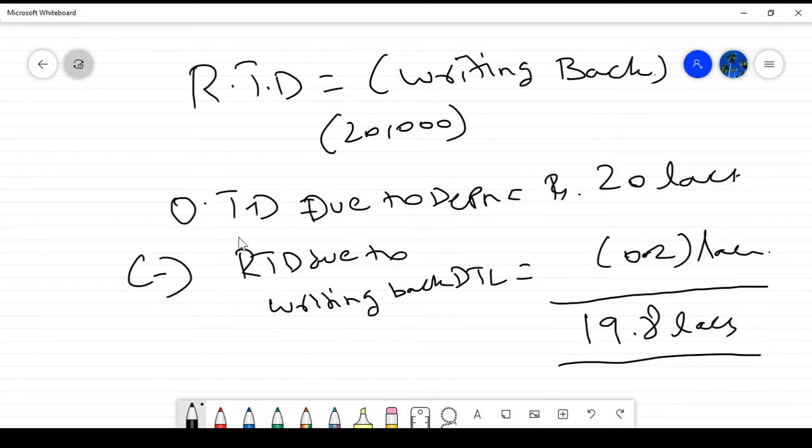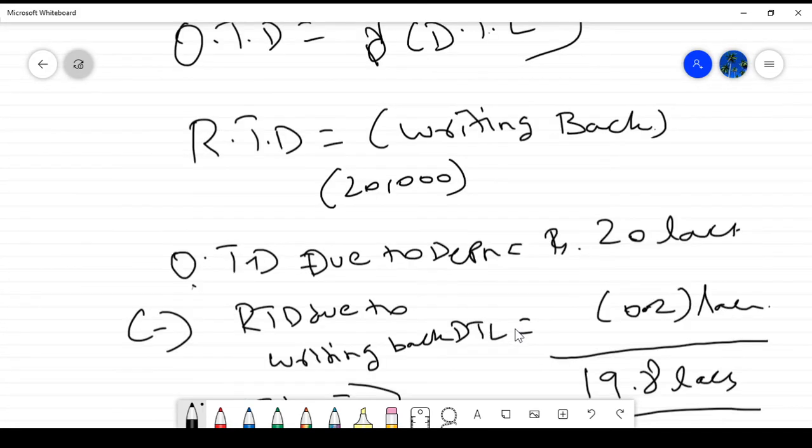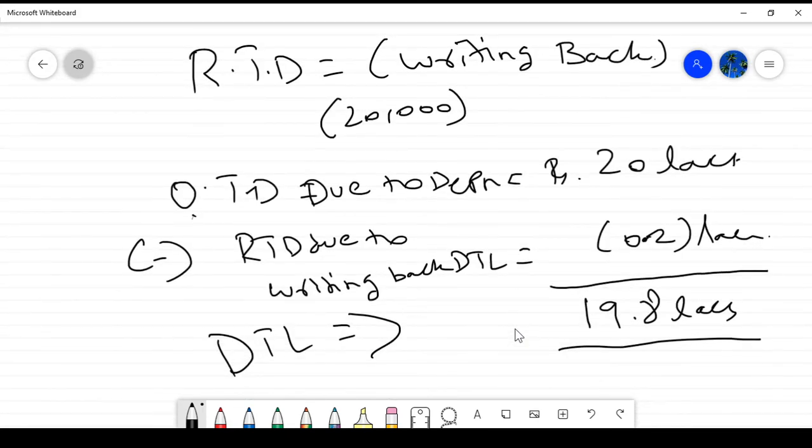So 20 lakh is OTD, that is just this year's new one, and RTD is the already created DTL. Now we are writing back. So 20 minus 0.2, 19.8 lakh is my DTL for the year. Okay, this should be debited to my P&L account.